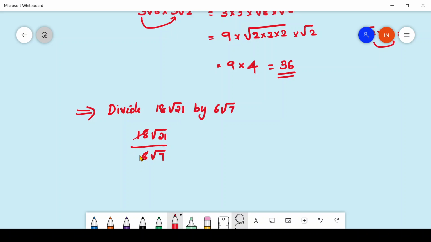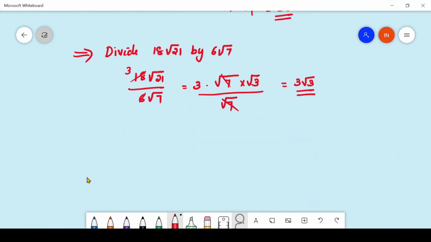So 18 and 6 you can cancel with 3 times, right? So I'm going to write 3 into root 21. You can split and write it as root 7 into root 3, divided by root 7 in the denominator. So again, you can cancel these two and you will get the answer as 3 root 3. Okay, this is very easy, right?